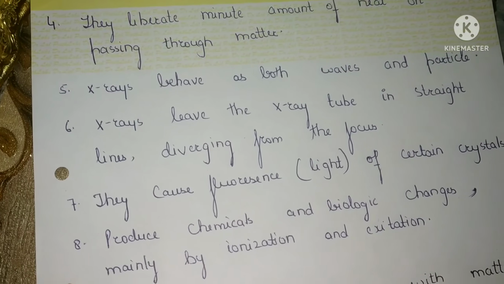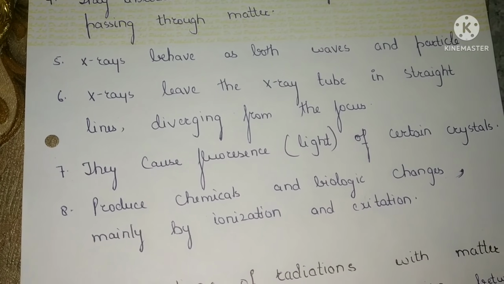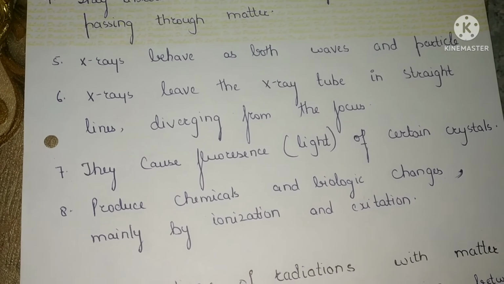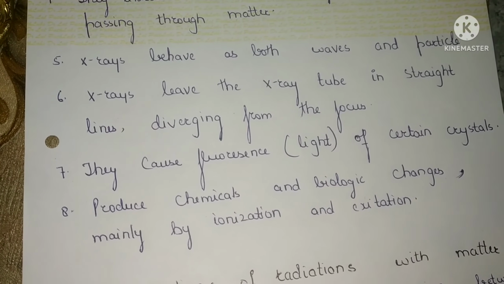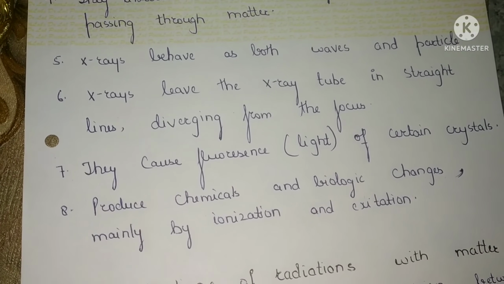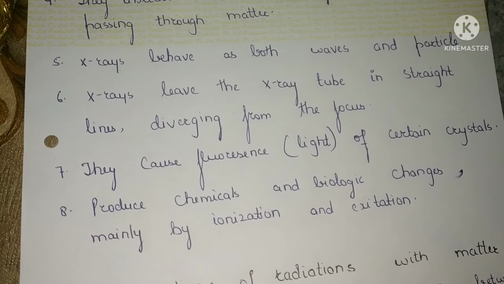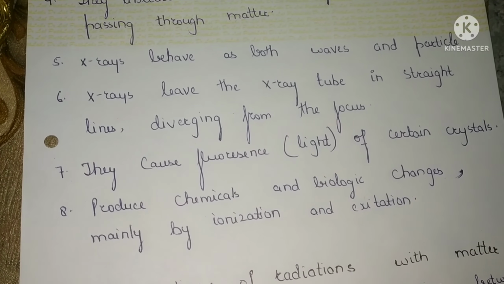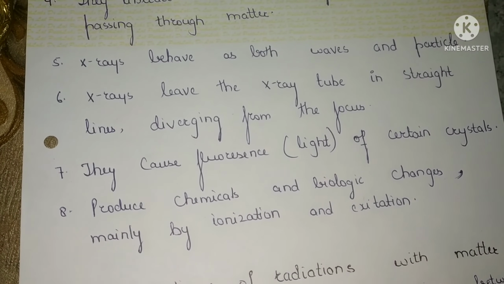The seventh property is they can cause fluorescence of certain crystals. Fluorescence means light, so they have the property of emitting a little bit of light. The eighth one is they produce chemical and biological changes mainly by ionization and excitation. For example, if you are doing an X-ray or a CT scan on a patient, sometimes the body reacts to those radiations.